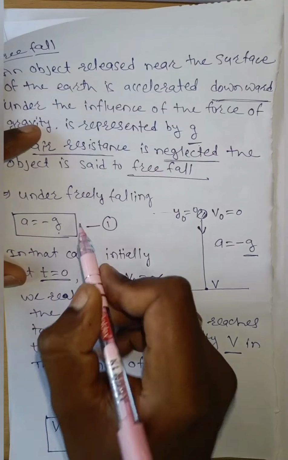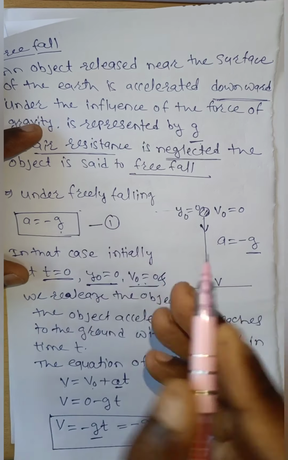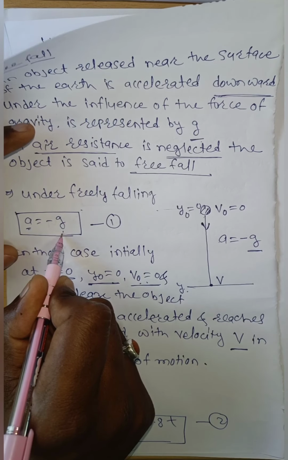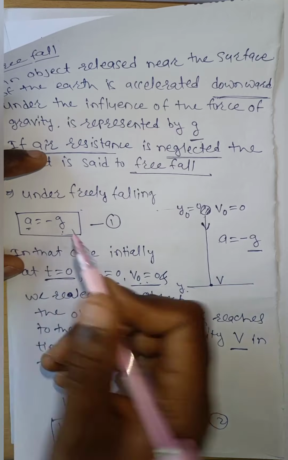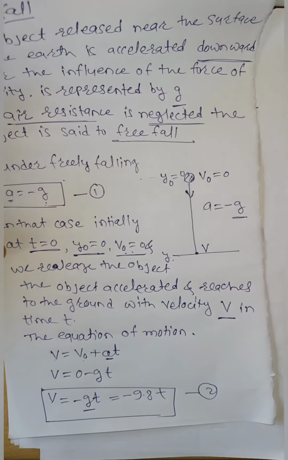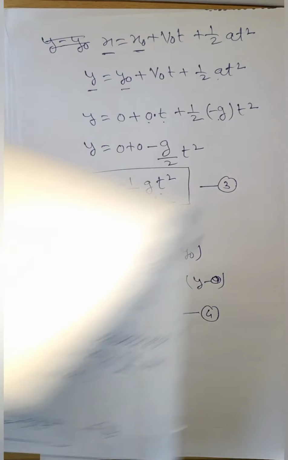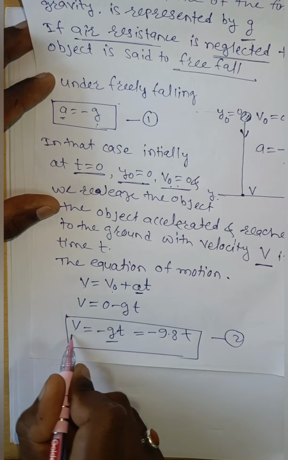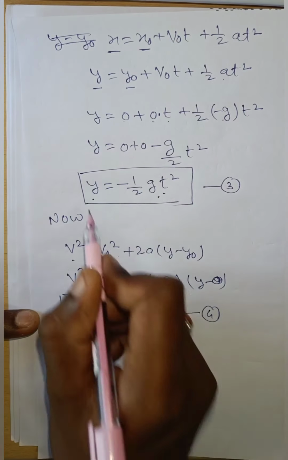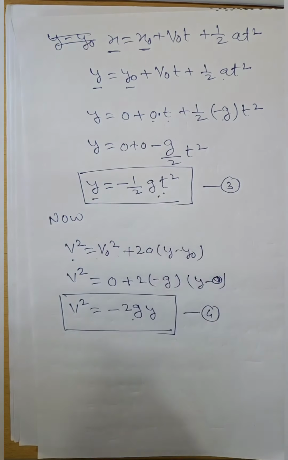Now from that, using equation 1, we have to draw the graph of acceleration versus time. Next we have to draw the graph of velocity versus time, and next a graph of displacement versus time.